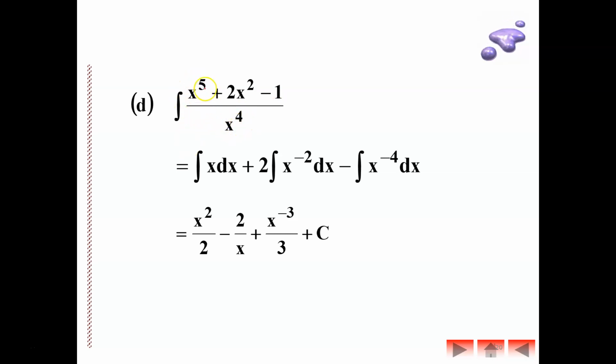So you divide by x to the power of 4. x to the power of 5 divided by x to the power of 4, 5 minus 4, means left 1, x to the power of 1. That's why it gets this. Okay, then again, you have 2x squared, minus 1 over x to the power of 4.